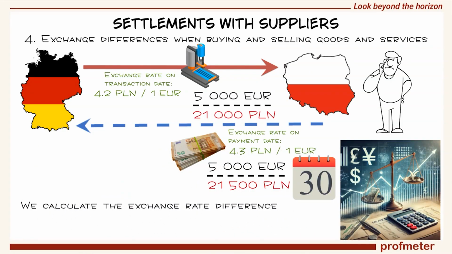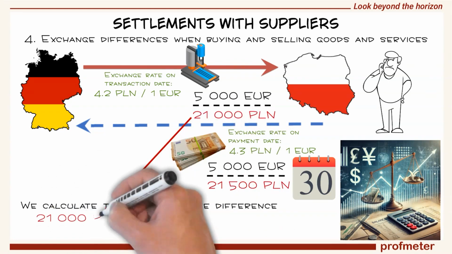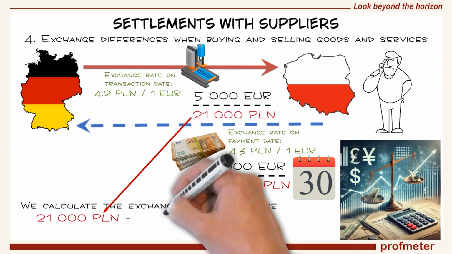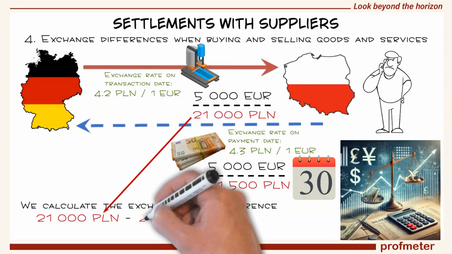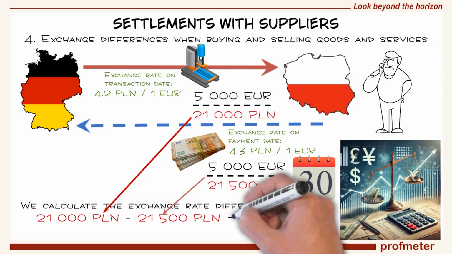At the time of recognition of the liability, accounts payable in the amount of €5,000 were reflected in the accounting at the rate of 4.2, i.e., 21,000 zlotys. At the time of repayment of the liability, the payment date, the rate rose to 4.3, and the company was forced to pay 21,500 zlotys.